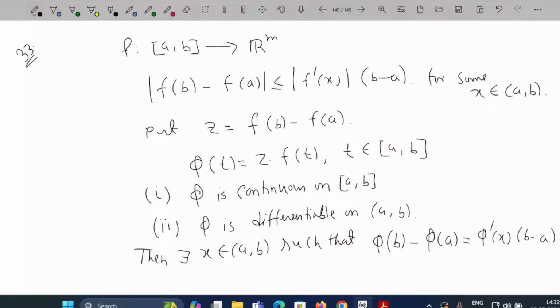Right. That was the theorem, the mean value theorem for a real function.